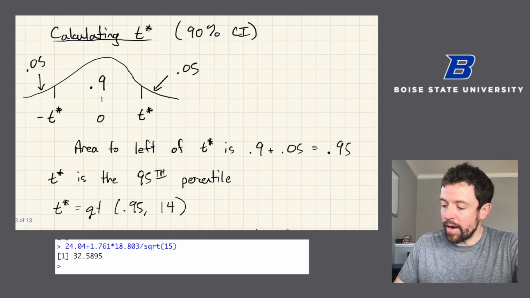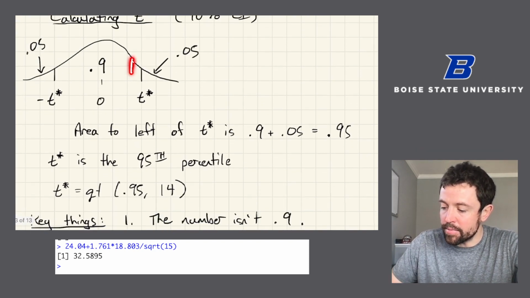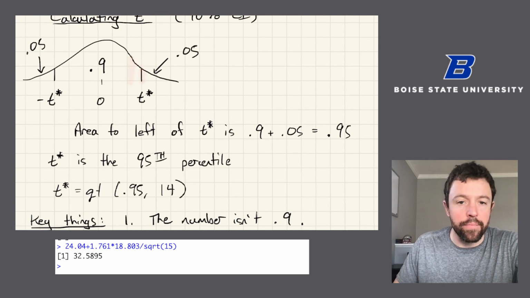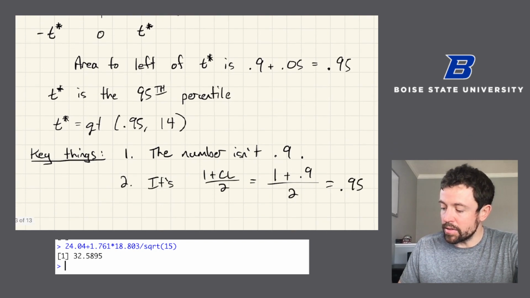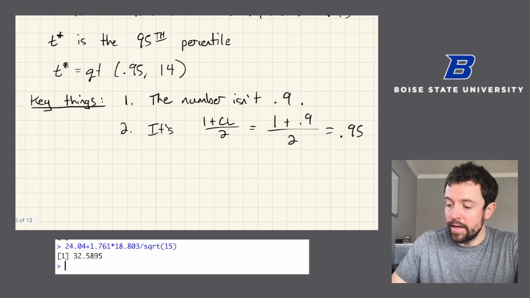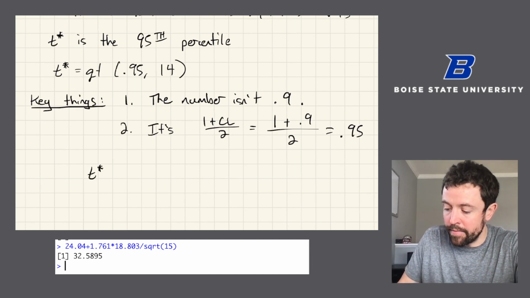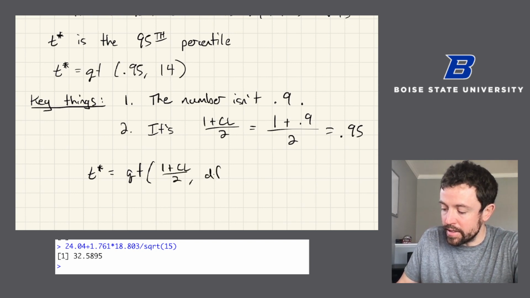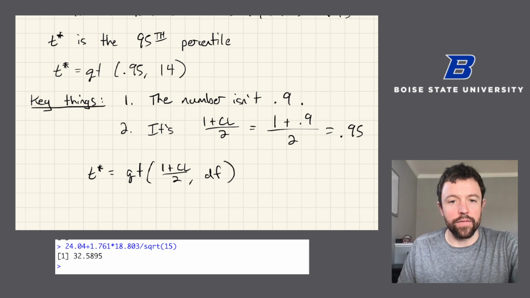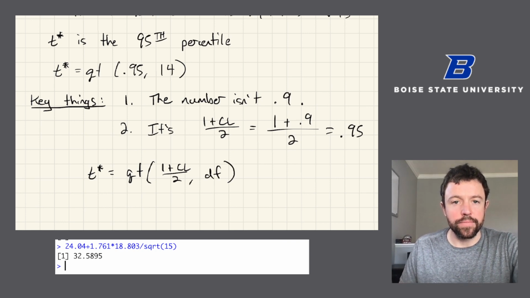The idea being that we don't actually want the 90th percentile, we want to move it up a little bit. So the calculation is always (1 + CL)/2. And so your formula is T-star equals qt of (1 + CL)/2, and then the degrees of freedom. Again, this confidence level is as a decimal.